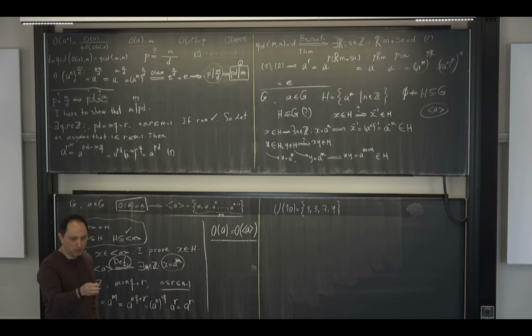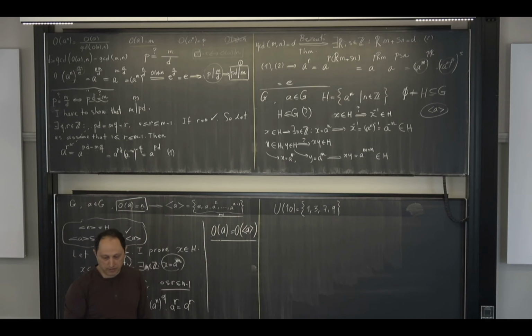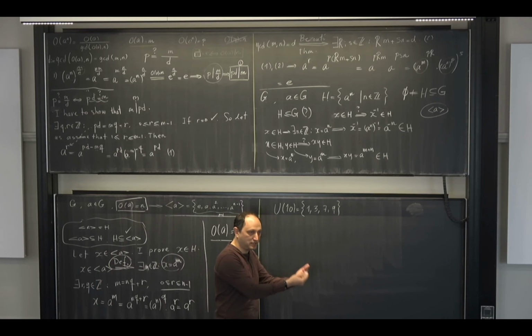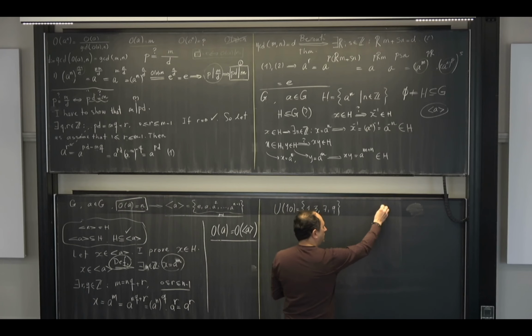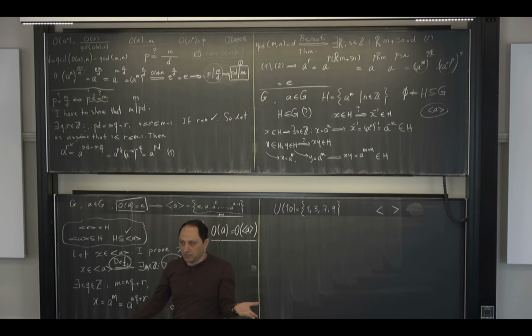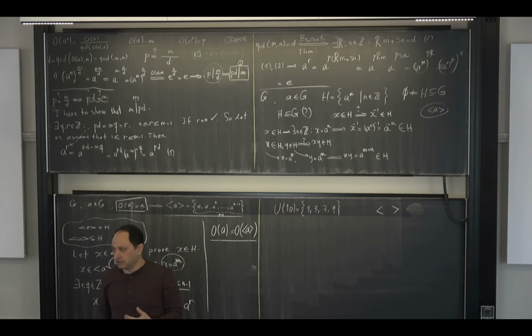My claim, according to the problem, is to show that U10 with multiplication modulo 10 is a cyclic group. What does it mean? It means you can find a generator: one of these elements for which, when you calculate its powers, it becomes the whole group. Then my group is cyclic.